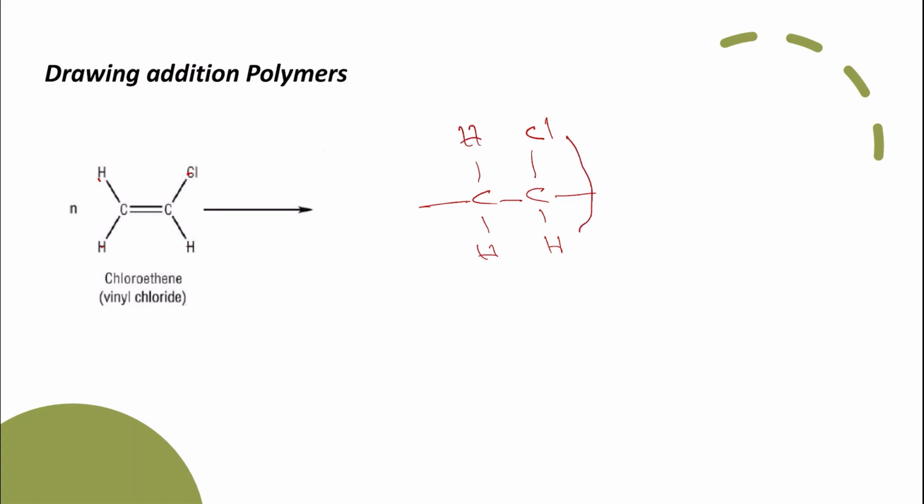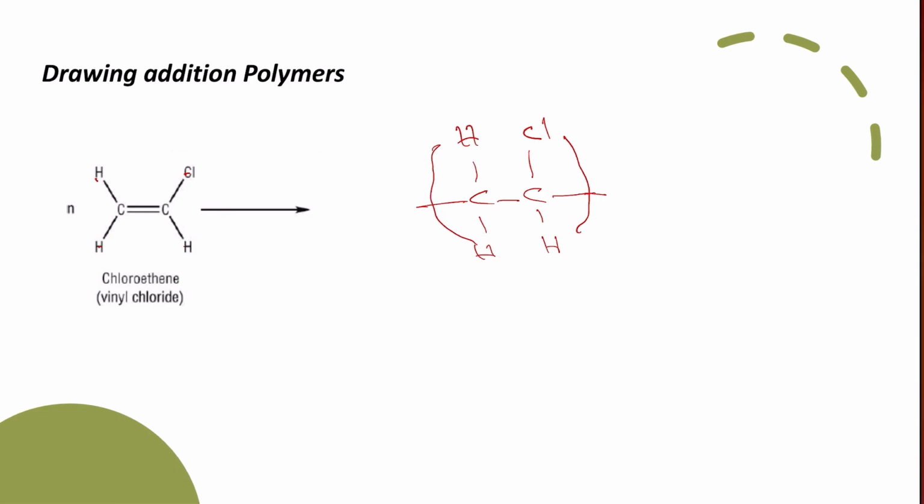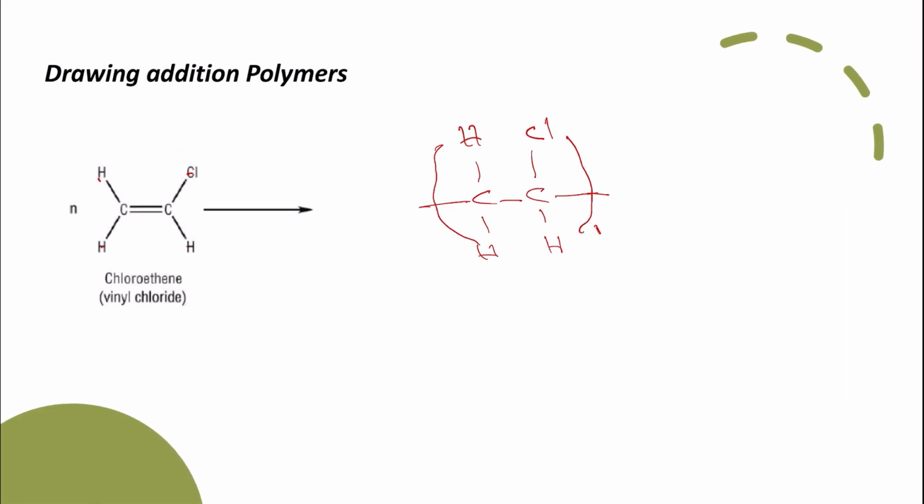Instead of drawing the same unit over and over again, we replace that with the brackets and the letter n, which means this monomer is repeated n times. This is called polyvinyl chloride, because chloroethene is called vinyl chloride.